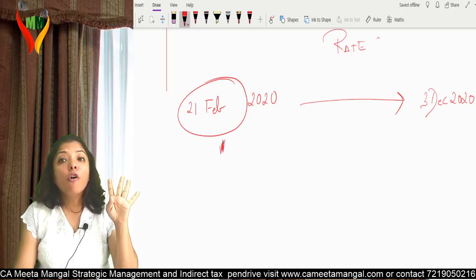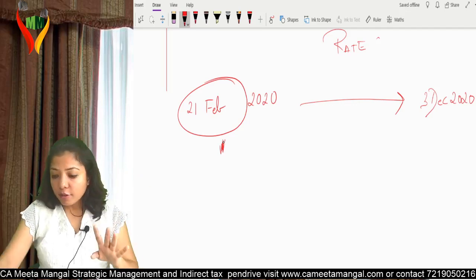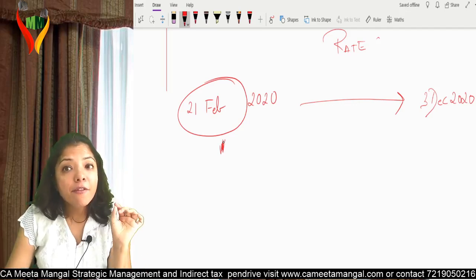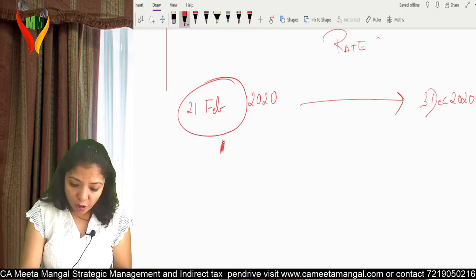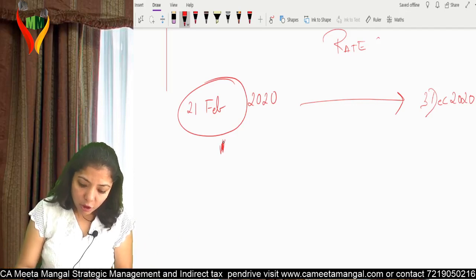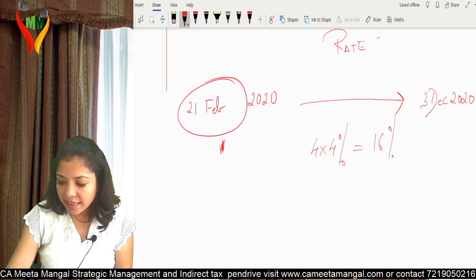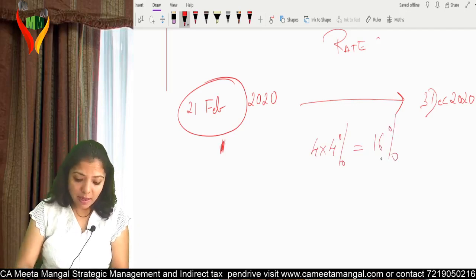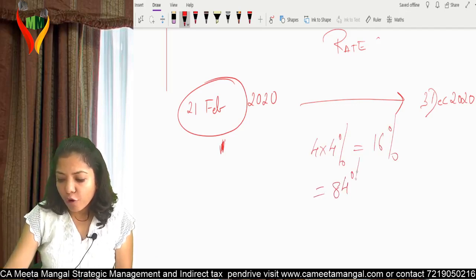That means 4 quarters in the first year. In the first year, every quarter will be 4%, so the total is 16%. This will be reduced, which means out of 100, you will get a duty drawback of 84%.